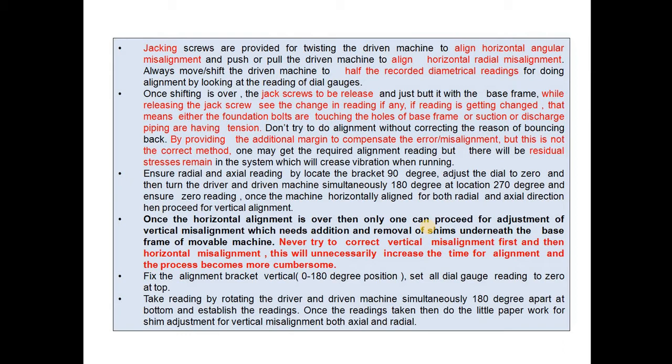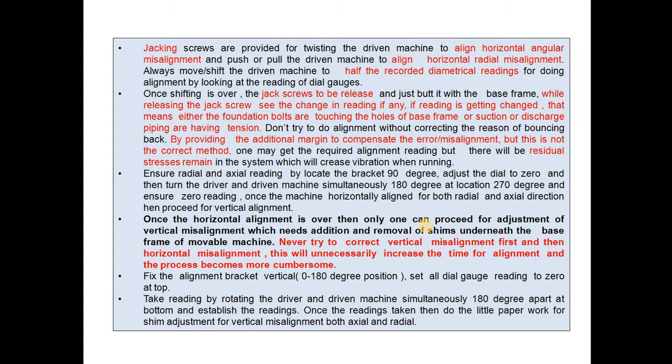According to the direction of the reading, you will get the total indicator reading. Then you have to adjust the horizontal, radial offset by pushing or pulling the movable machine by half of the total indicator reading.